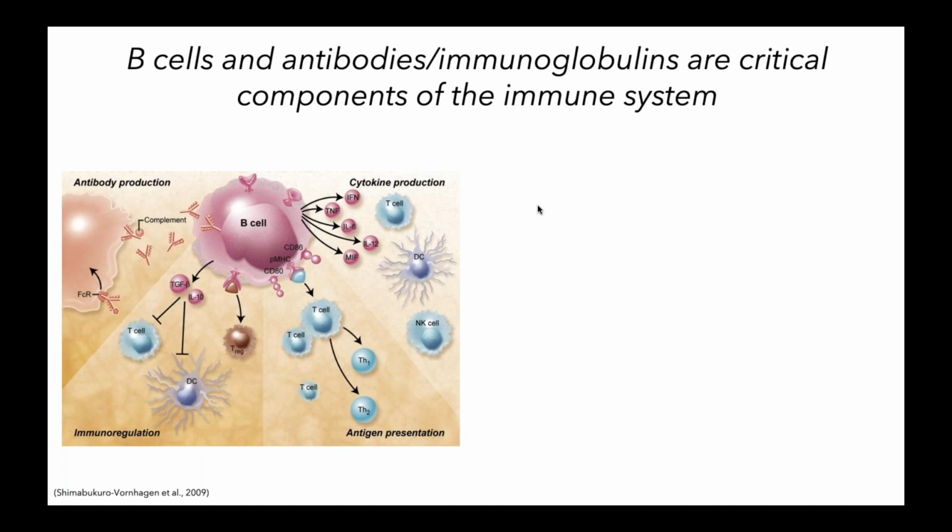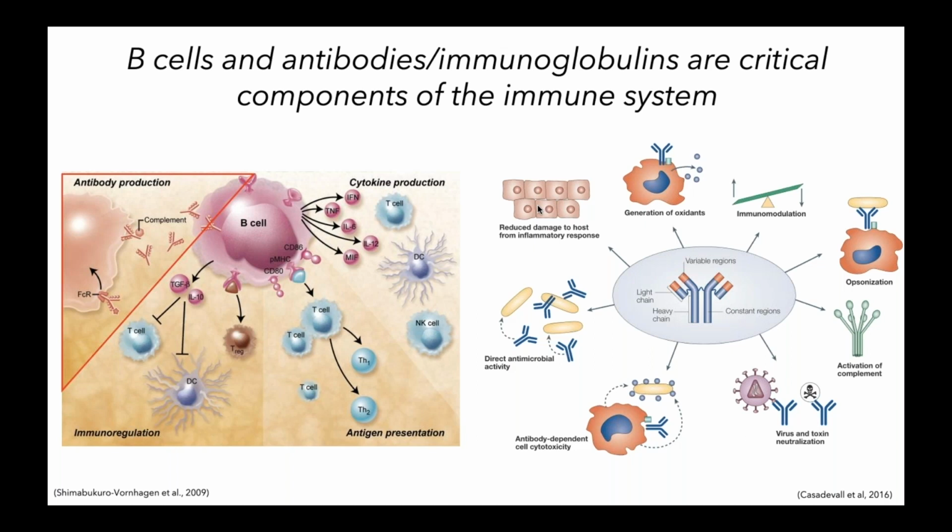And as most of us probably appreciate, B cells are critical components of the immune system, involved in both adaptive and innate immune processes. And of course, one of the B cells' claims to fame is the fact that they produce antibodies, which are these Y-shaped molecules depicted here.